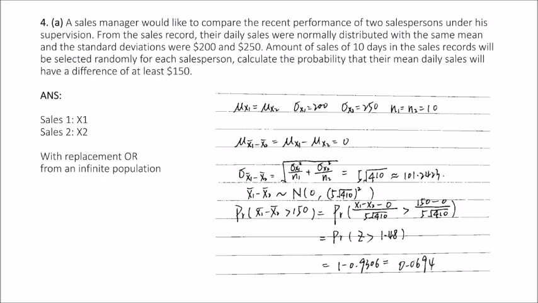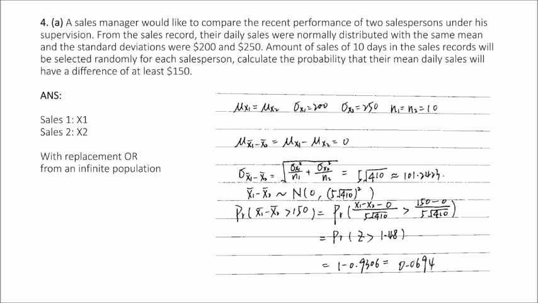So x bar 1 minus x bar 2 is normally distributed with a mean of 0 and a variance of 101.2423 squared.